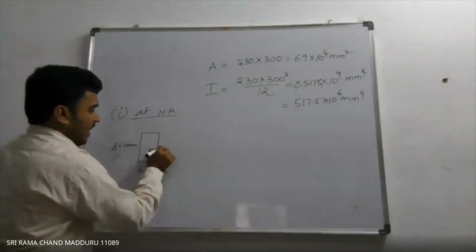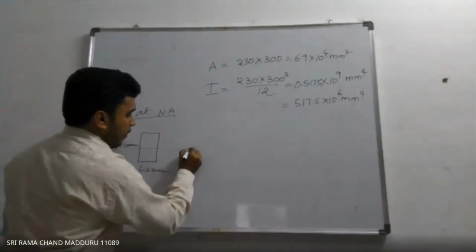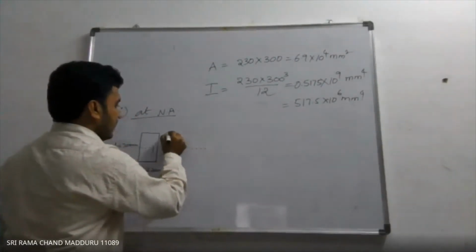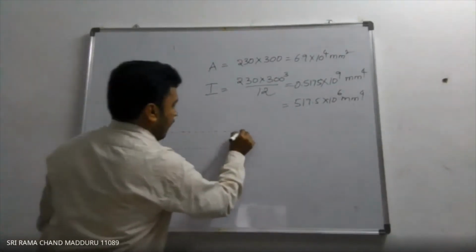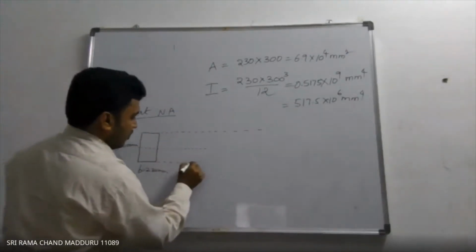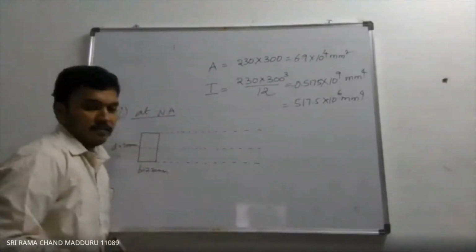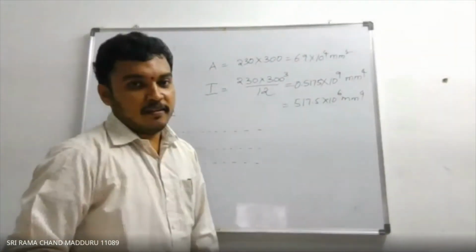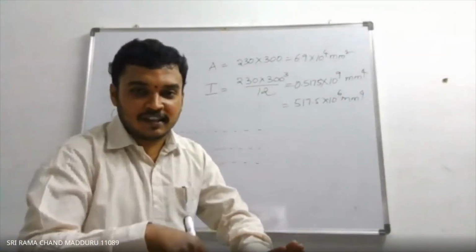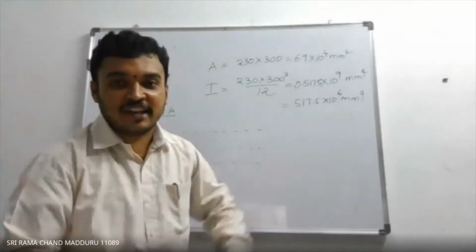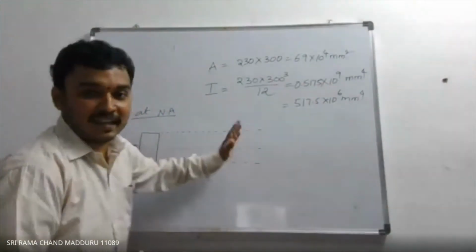Now this is your neutral axis, this is your top fiber, and this is your bottom fiber. Don't take scales and pencil and draw straight lines. It takes a lot of time. You may miss the class.